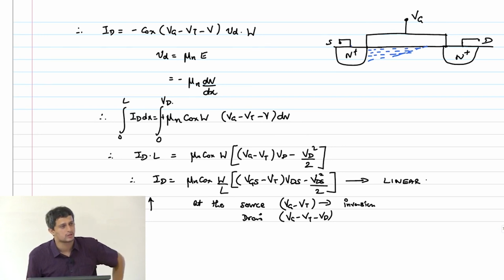We'll look at the plots in the next class, but if you neglect this VDS squared by 2 for small changes around something in the analog domain, it operates in the linear region, it behaves almost like a resistor, by neglecting the VDS squared by 2 term. Of course there is no dependence on VDS in the saturation region.